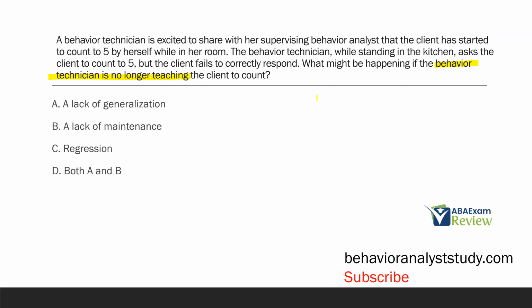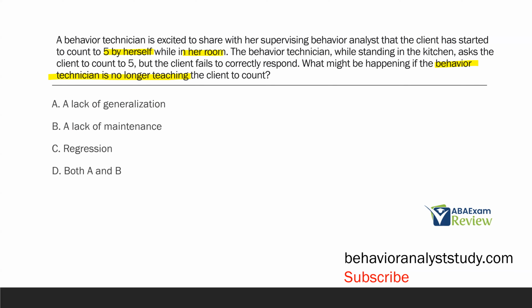And when we're no longer teaching something, automatically we should start thinking about maintenance because maintenance occurs once teaching stops. Additionally, the client has started to count to 5 by herself in her room. Great. What's missing? Well, it's got to generalize.